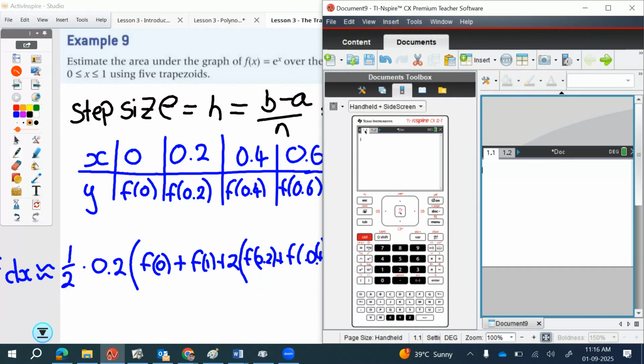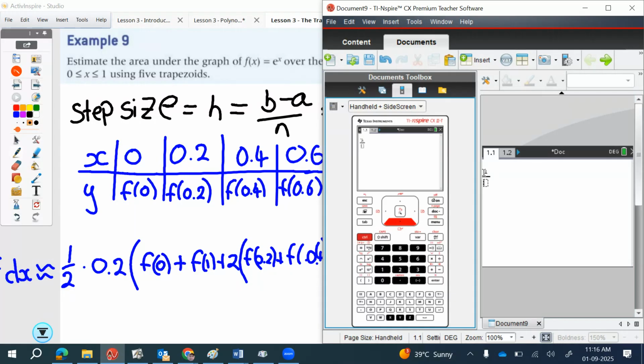We're going to type in the full thing, so we have a half times the step size. What was the step size? 0.2 times bracket. Now be careful, it's all about your brackets. That's where your error is going to be.